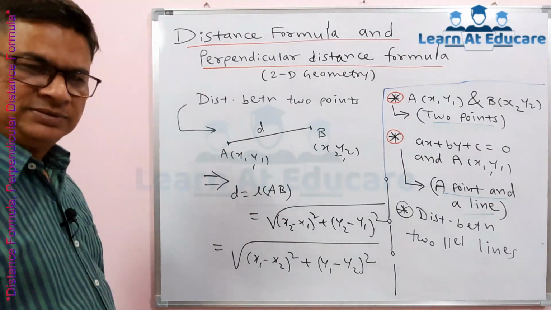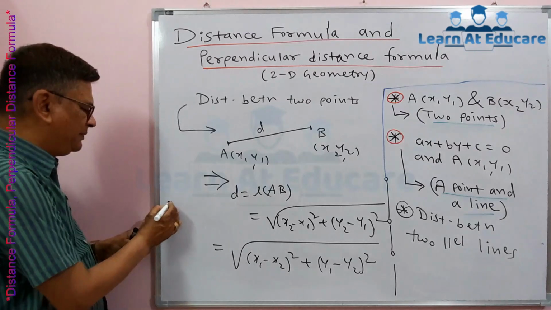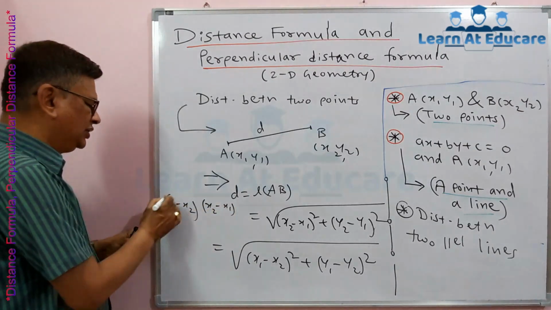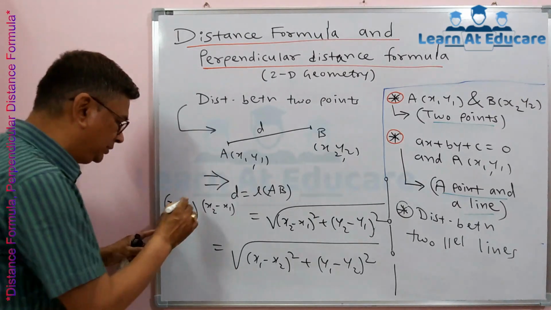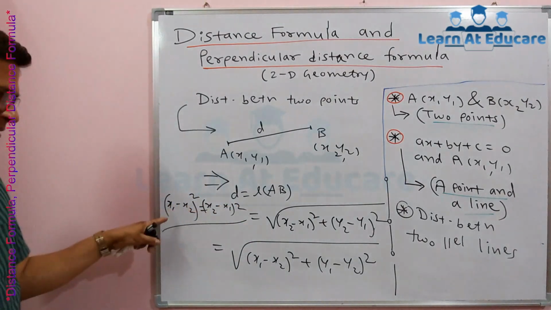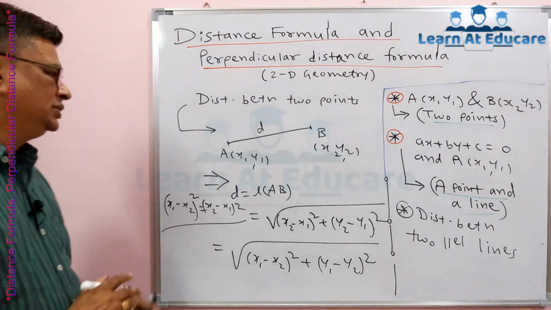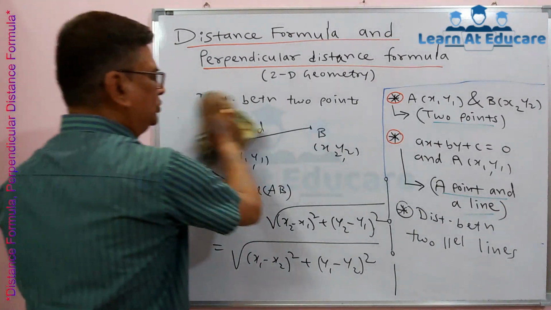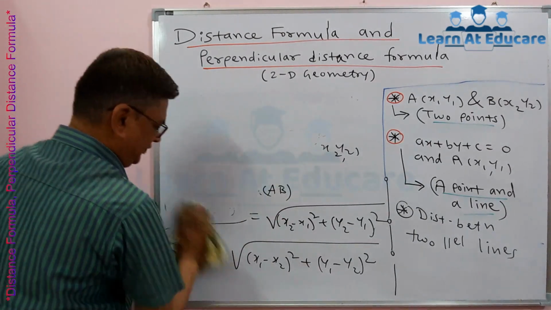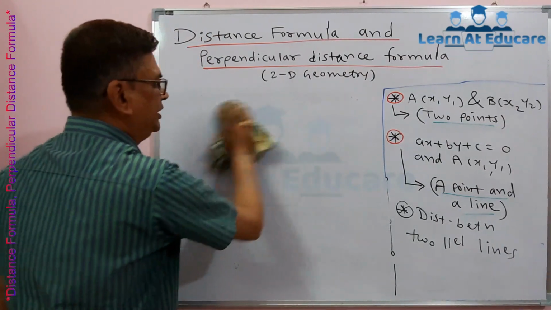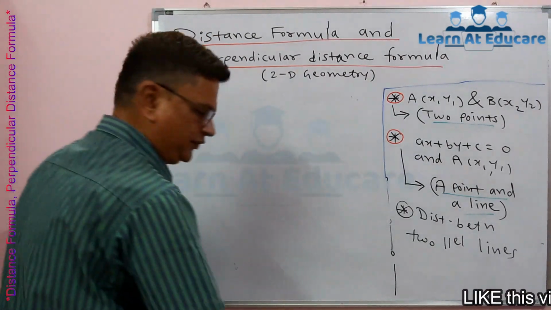It is because x1 minus x2 and x2 minus x1 are not equal, but their squares are equal. So this gives the distance between two points if we know their coordinates. It is used in two-dimensional geometry where we have x and y axes for reference.